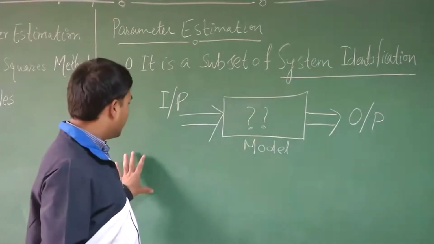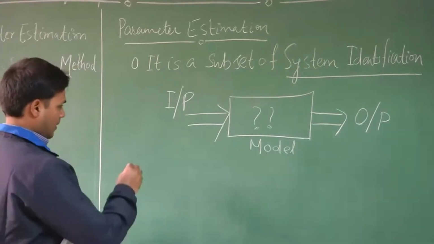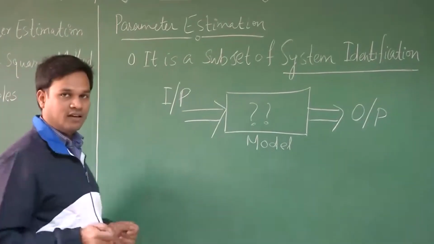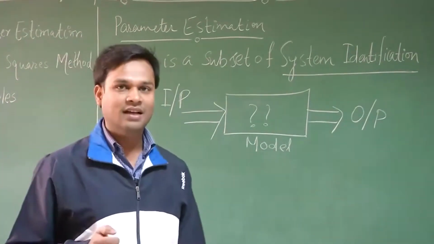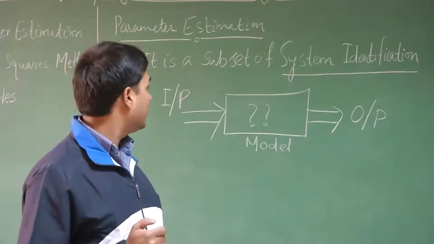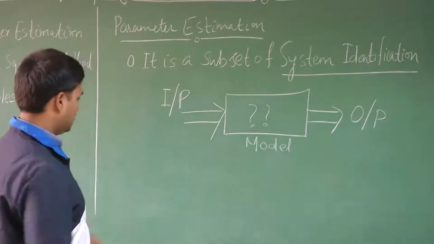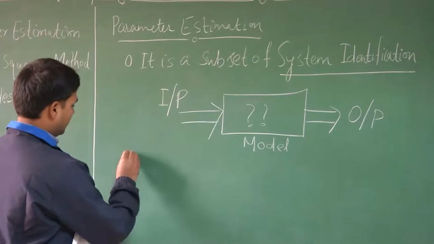Now, once you got this model, and if model is structured in terms of unknown parameters, then identifying parameters can be a problem of your parameter estimation. So how will you define the parameter estimation?